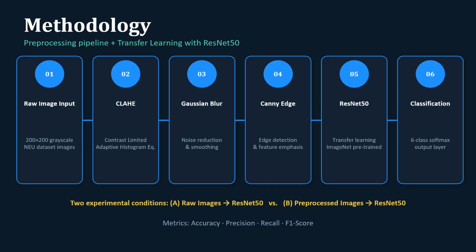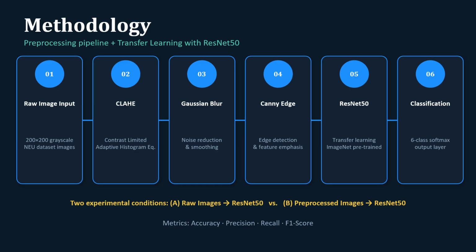Now, let me explain my approach. The pipeline has six steps. First, I take the raw grayscale images from the dataset. Then I apply CLAHE. This makes the image sharper and brings out the details. After that, I apply a Gaussian blur to reduce any noise in the image. And then I apply Canny edge detection, which highlights the edges and boundaries of the defects.